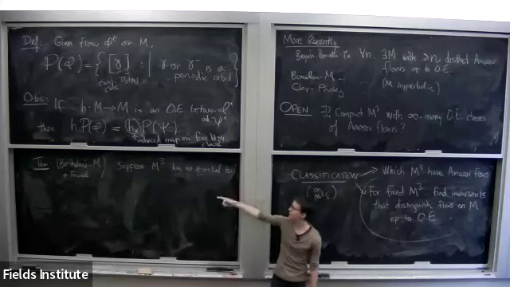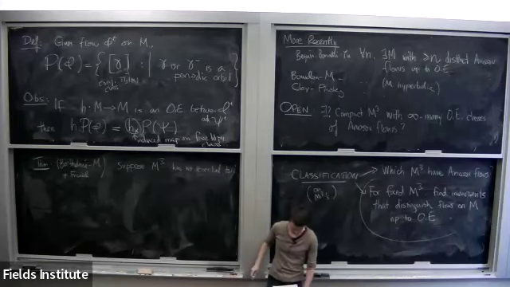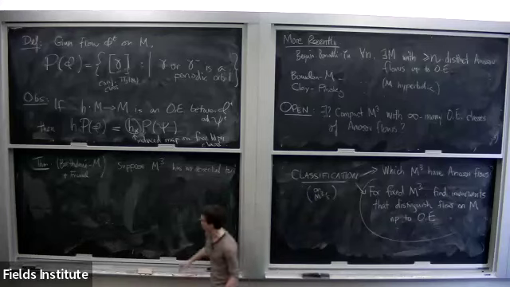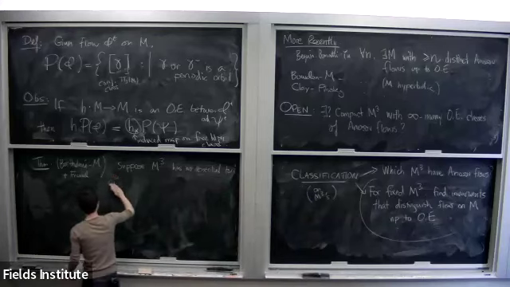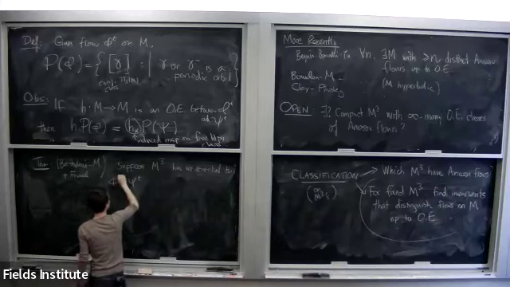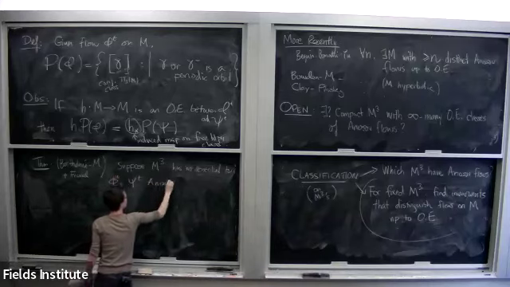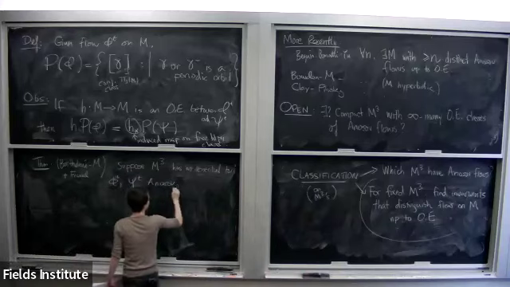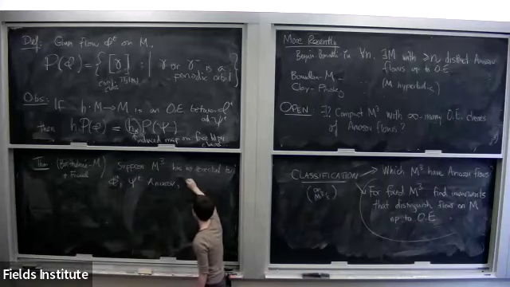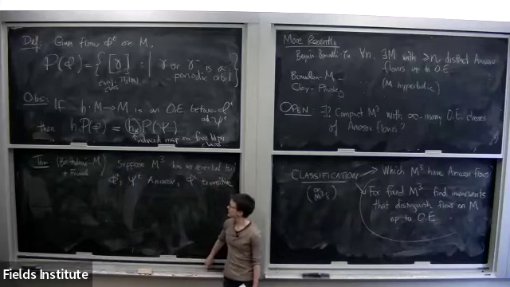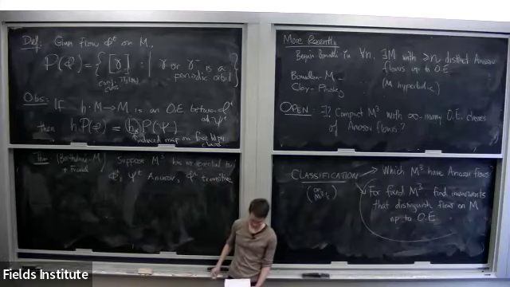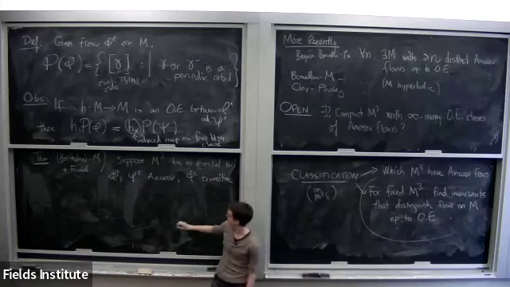So in its fundamental group, there's no Z cross Z. That's a way you could think about it. And I have two Anosov flows, and at least one is transitive.